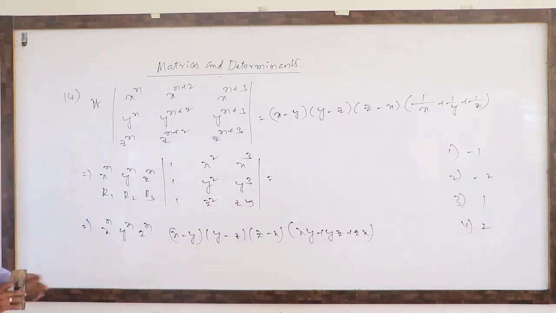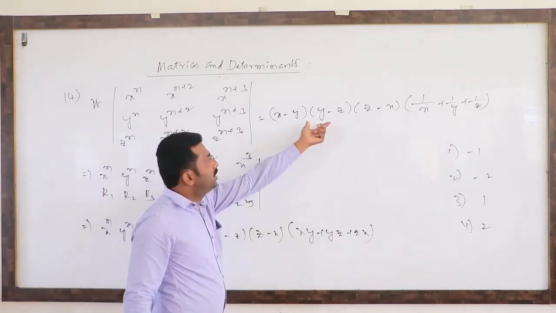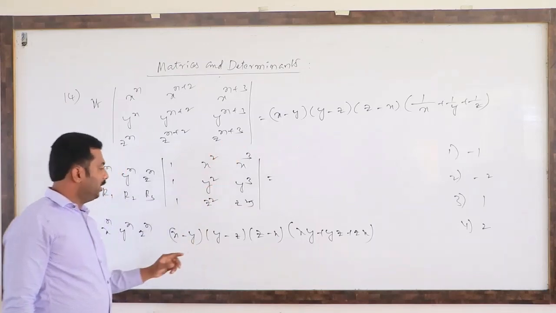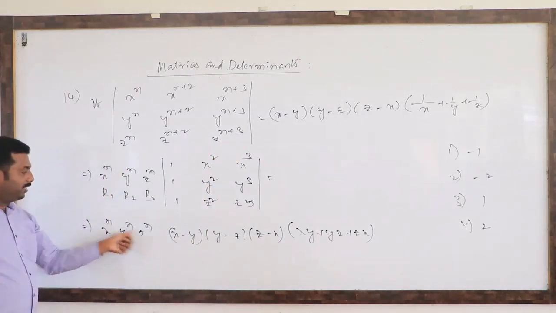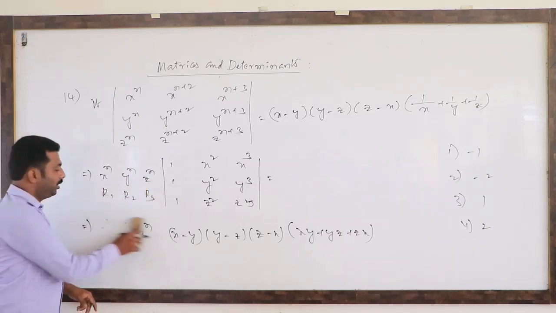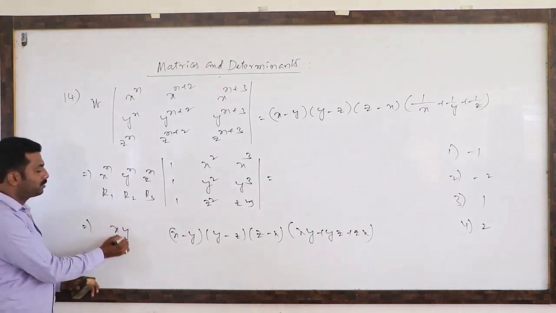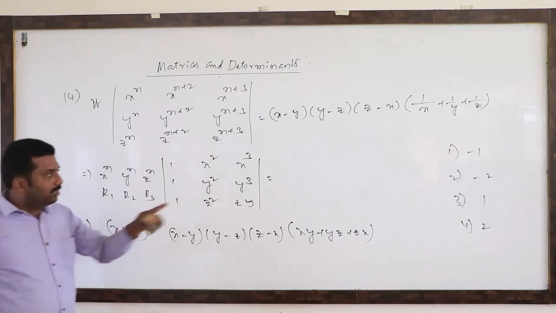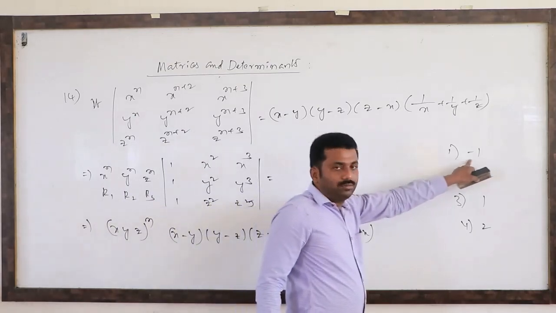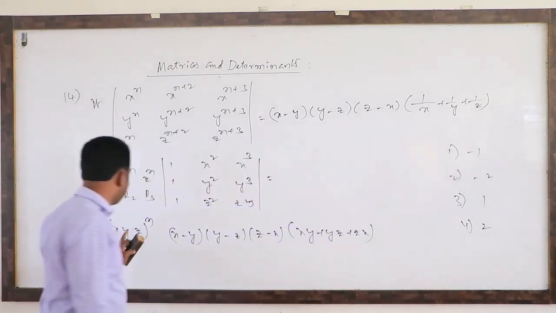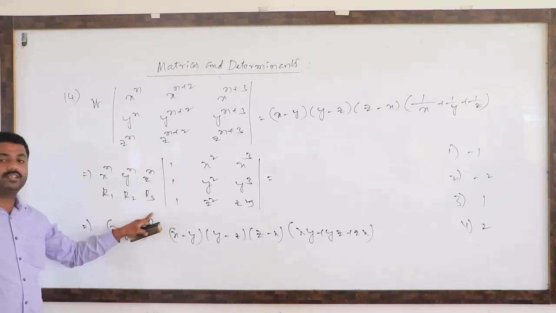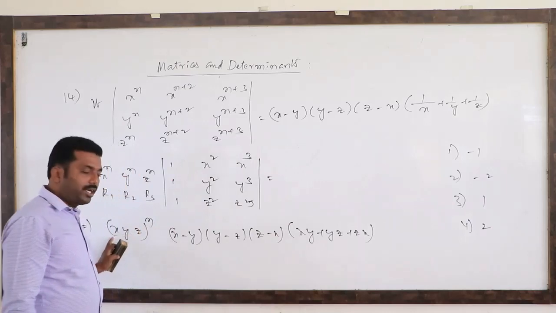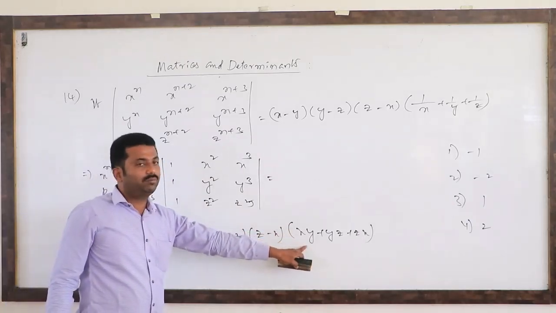So you observe, when you get these types of expressions, you compare; both will be the same. Suppose x, y, z: this is x power n, y power n, z power n, means you can write (x, y, z) whole power n also. Very clear. Suppose n equal to the first option, if I substitute n equal to minus 1, x, y, z whole power minus 1 means 1 by xyz. If you write here xy by xyz, xy cancels, 1 by z.